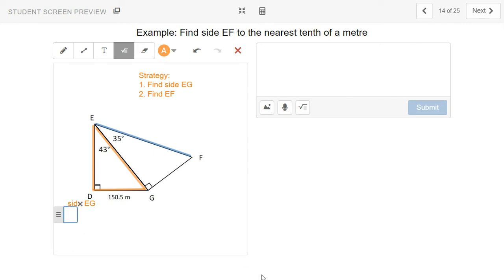We have sine 43 is equal to 150.5 divided by EG. Let's cross multiply. So now we have EG times sine 43 is equal to 150.5.